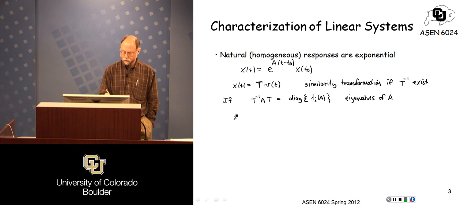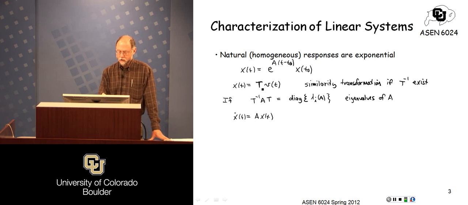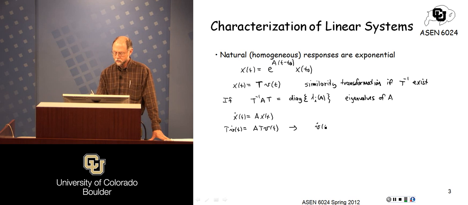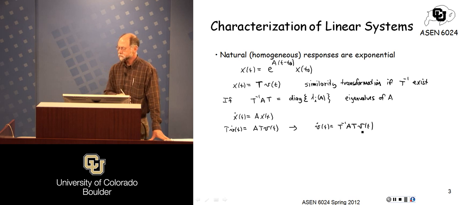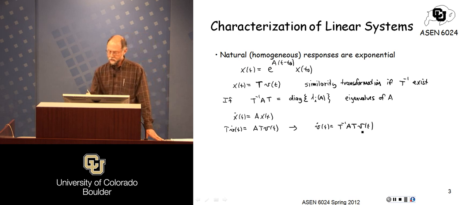If I go back to the differential equation and replace it here, so x dot is t v dot because t is a constant matrix, it's not changing with time. Then I have t v dot is a t v, and since t is non-singular, I can invert it on the left on both sides to get v dot is t inverse a t v. And we said now that t was special because now this is diagonal.